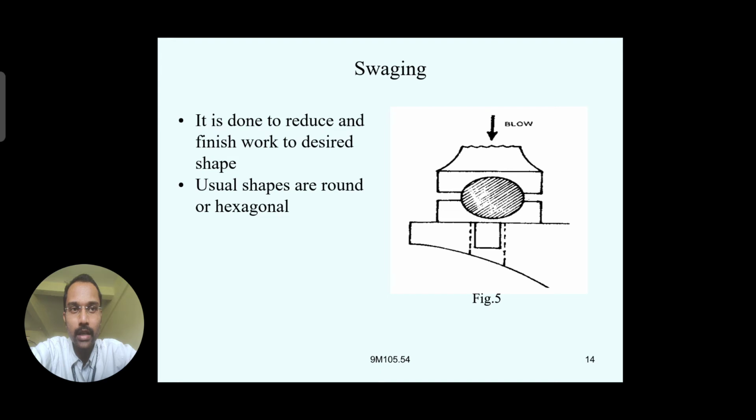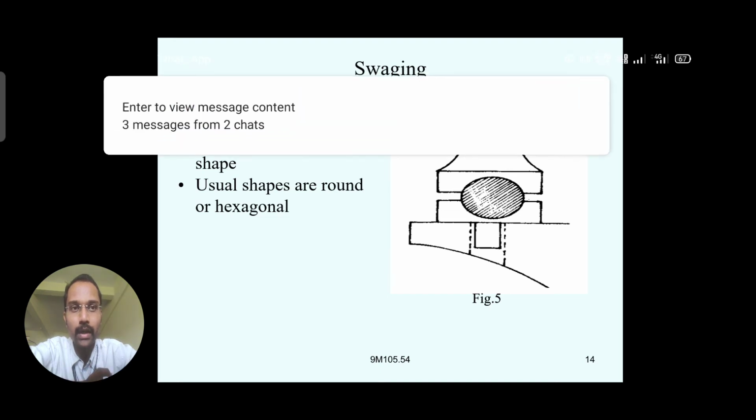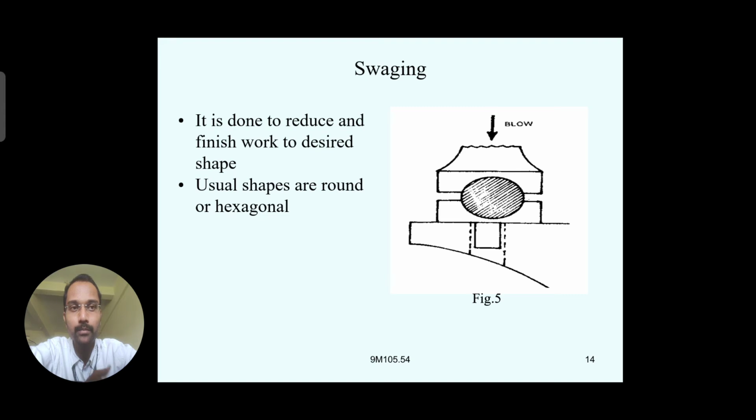Not only circular shapes, we can make any shape, either square, rectangle, hexagonal or pentagon shape. According to our requirement, the shapes can be made. The part which you have taken can be reduced in this die, and the work can be finished according to the shape provided in the swaging operation.